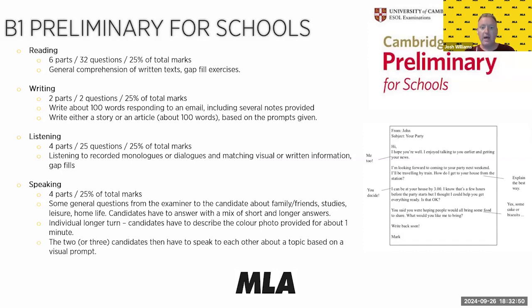Okay. And then the two, or very rarely, three candidates have to speak together about a topic based on a visual prompt. Okay. In this case, they often give you, for example, they describe a situation. They might say, there are some students going on a school trip to, or need to decide where to go for a school trip. Okay.